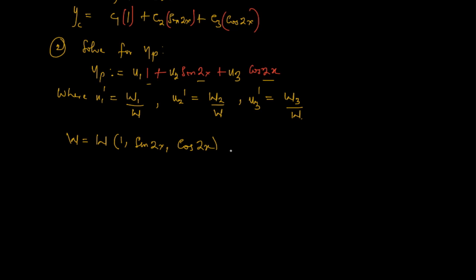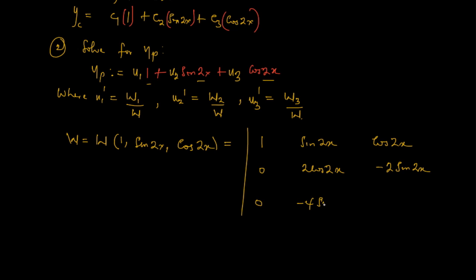And that is just the determinant of the 3-square matrix, starting with 1, sine 2x, cosine of 2x. Then the derivative of 1 is 0, the derivative of sine 2x is 2 cosine of 2x, and the derivative of cosine 2x is minus 2 sine of 2x. Similarly, we find the second derivatives: minus 4 sine of 2x and minus 4 cosine of 2x.